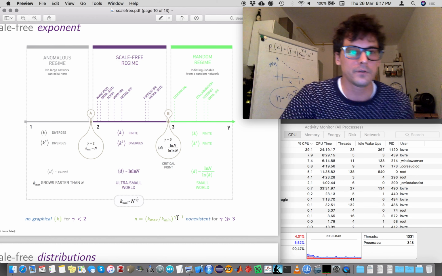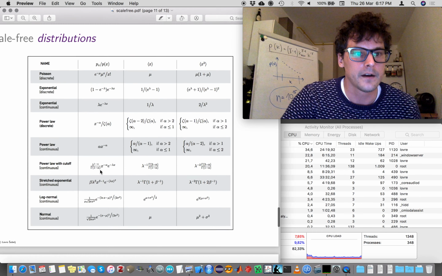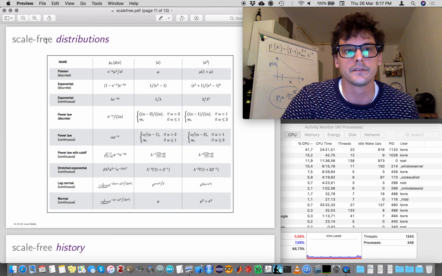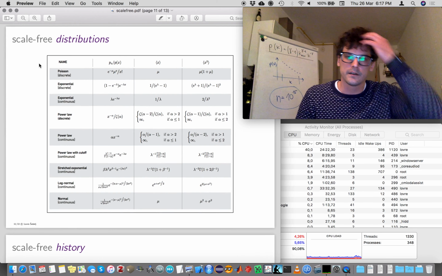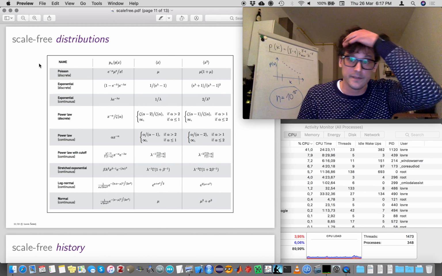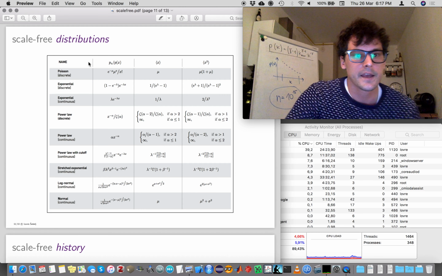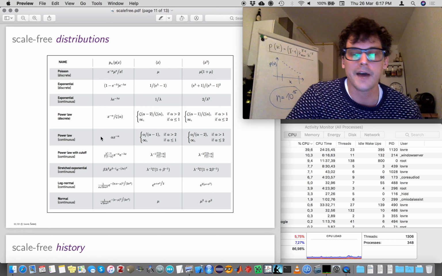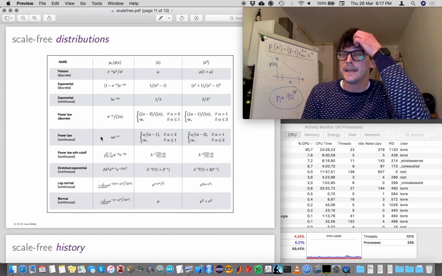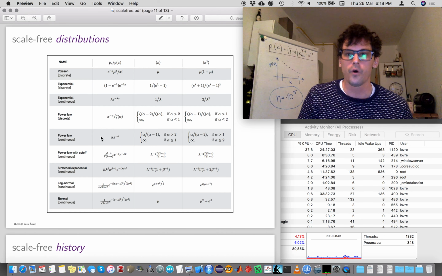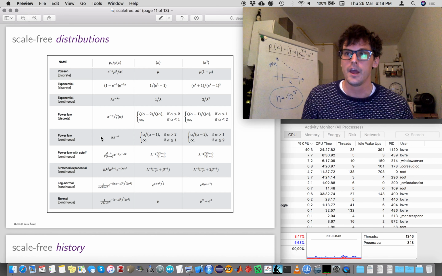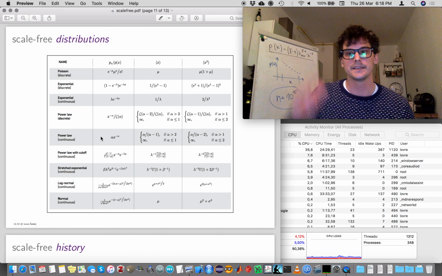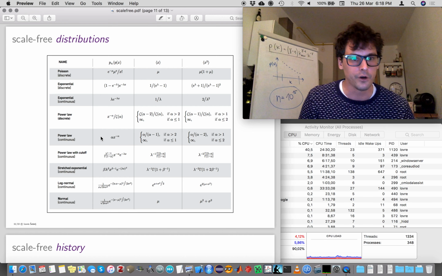Okay, so 2 more slides. Here is just a list of different distributions that you often see in the network science literature. Here we have the discrete power law and the continuous power law. Notice that many other distributions will also be scale-free, will also look roughly like a power law, meaning that the tail goes down polynomially fast.